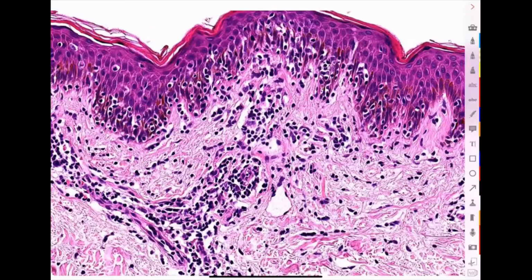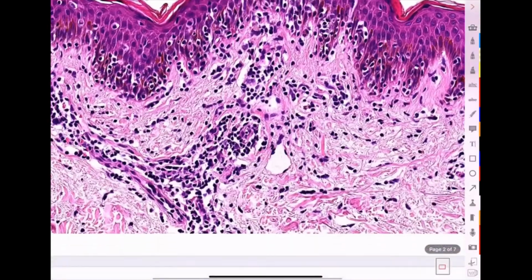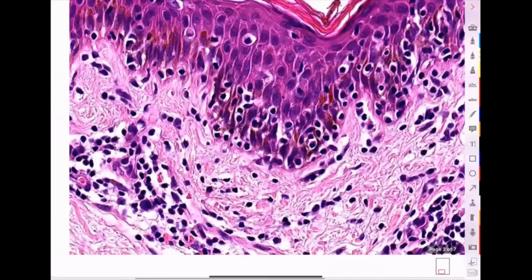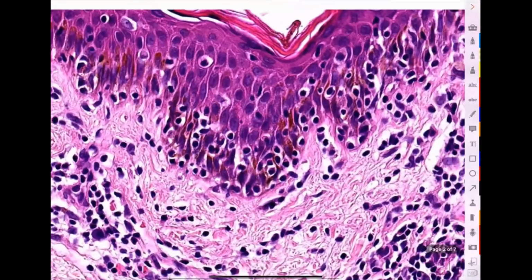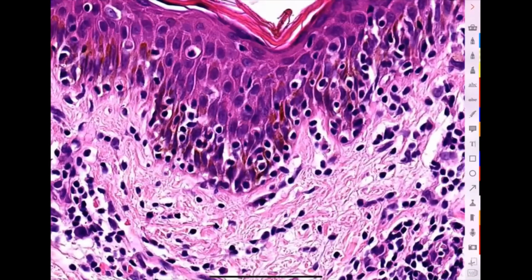Because if you don't put this in mind first, you will always have problems when you come to interpreting cases like this.